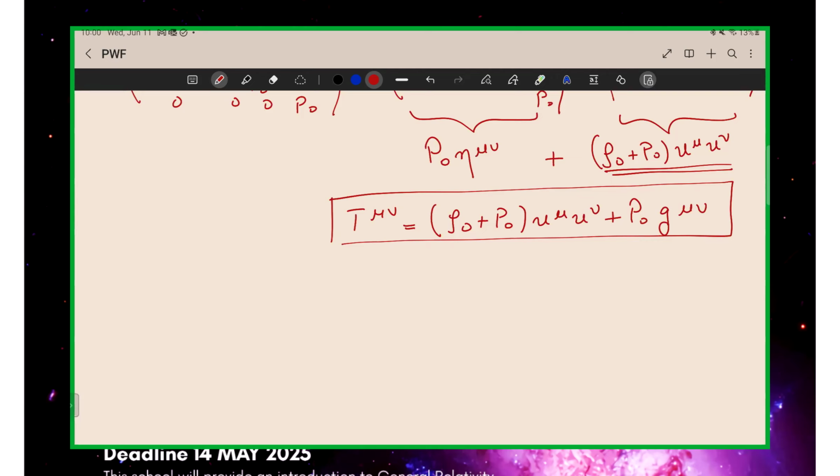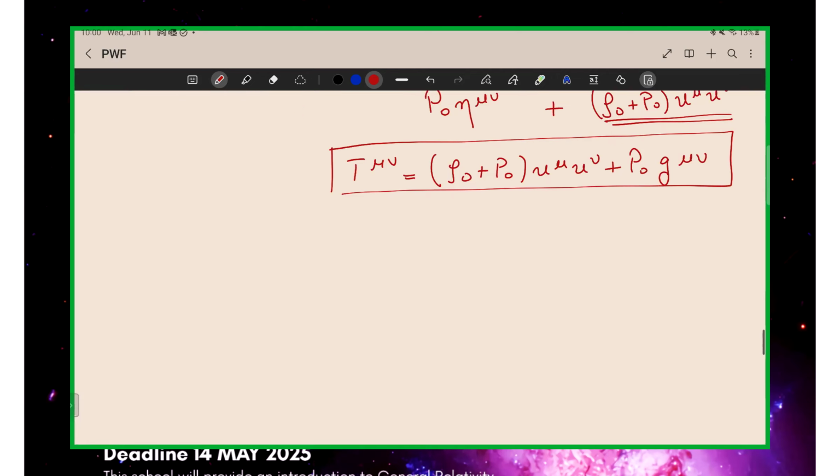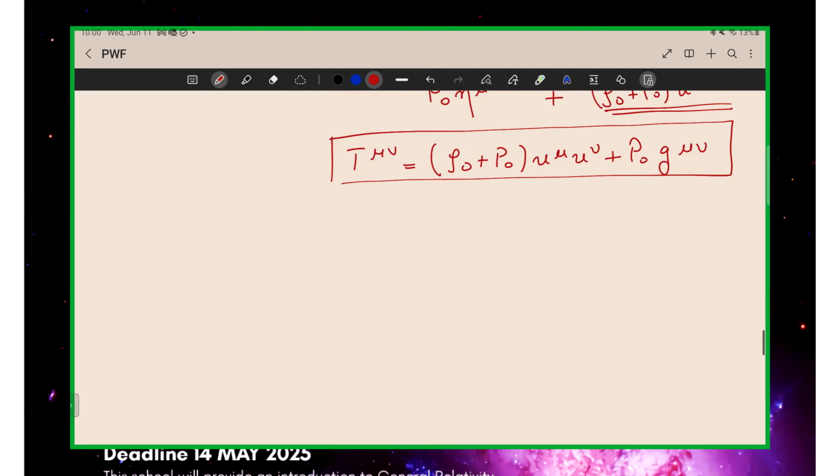Okay, now let's play with this particular expression. Now we have this expression for the stress tensor, and I showed you that the stress tensor has to satisfy the conservation equation, right? What does that imply for us? So we saw that you must have this thing equal to zero, right? What does that imply if you use this expression for the stress tensor?